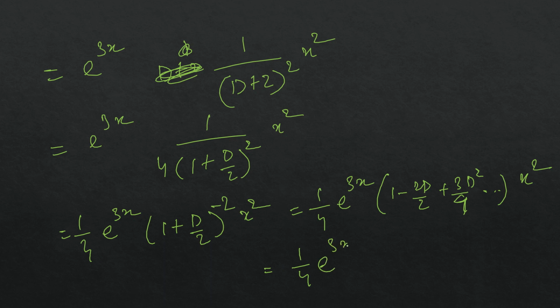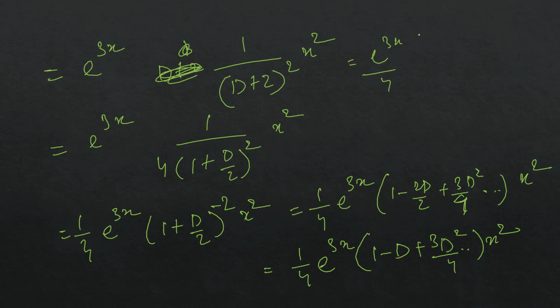Therefore it is equal to e to the power 3x, 1 minus D plus 3D square by 4, x square. If you simplify it, it will be e to the power 3x by 4, x square minus 2x plus 6 by 4. Okay, this will be the answer, I think.